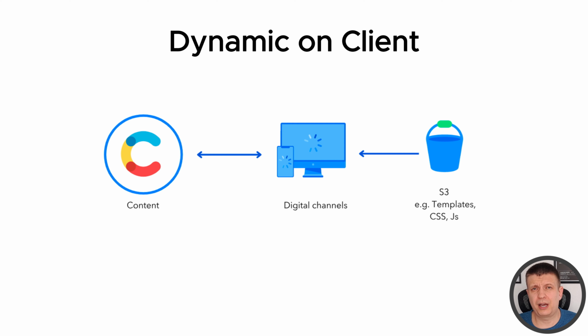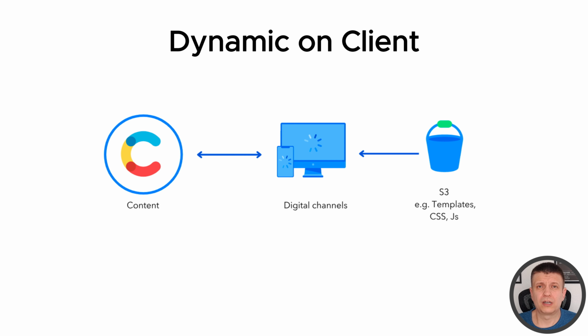And the Contentful API is pretty generous. I think on a free plan it has like 5 million requests per month or something. But on a paid plan, it has even more. So you shouldn't really be worried about hitting the Contentful API too much. And besides, it's very durable and very fast.